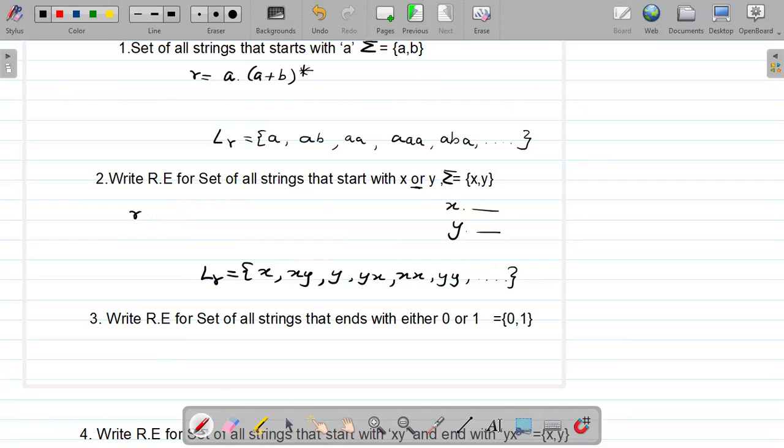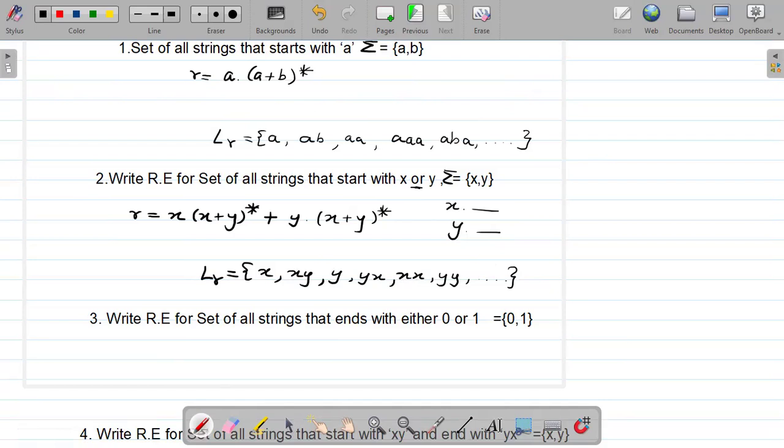So the regular expression will be given by, if it is starting with X, we can have any combination of X and Y. So it will be X dot X plus Y the whole star, concatenation, plus, or, is given by plus Y dot X plus Y the whole star.